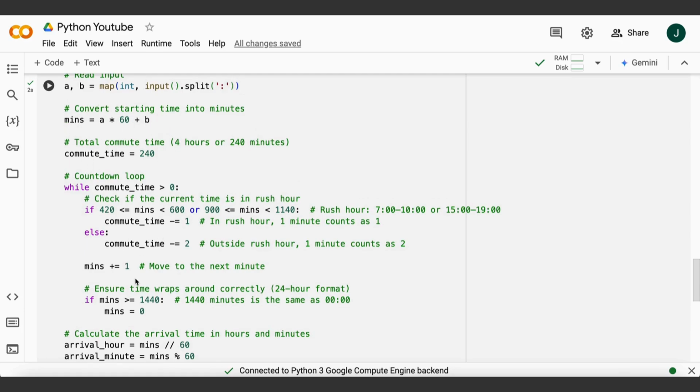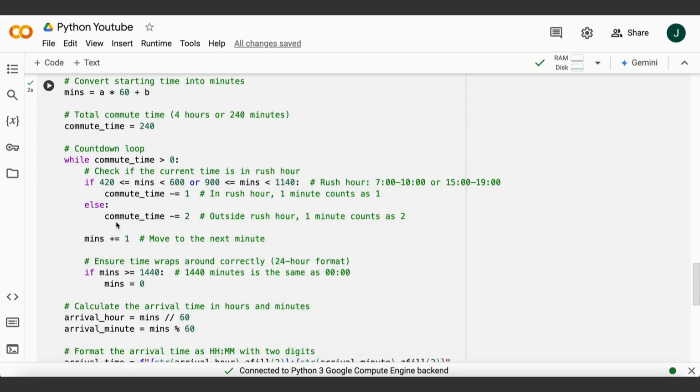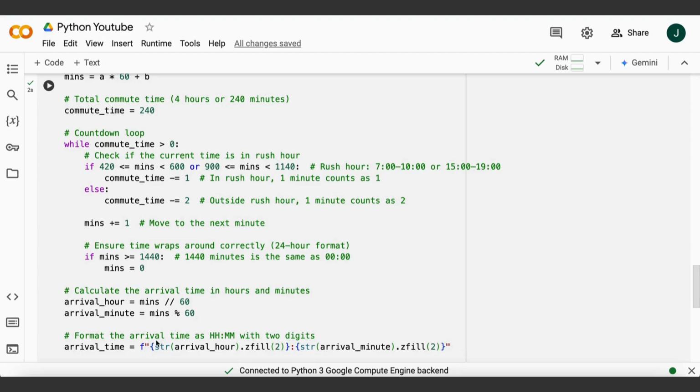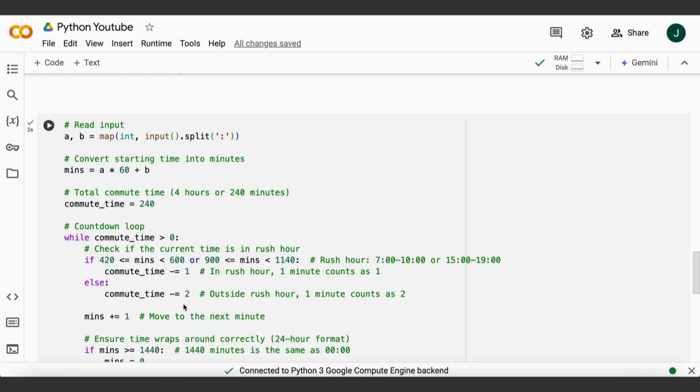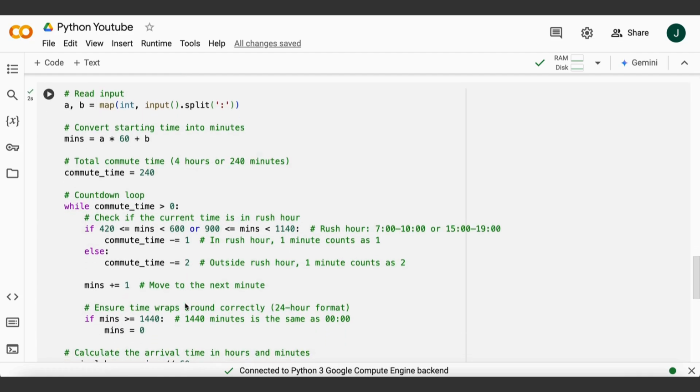So in the end, I'm going to calculate the arrival hour and arrival minute based on the minutes I've added and separate it into hours and minutes, okay, and then print it at the last. So that's the whole solution and the whole idea which I've got from this problem.